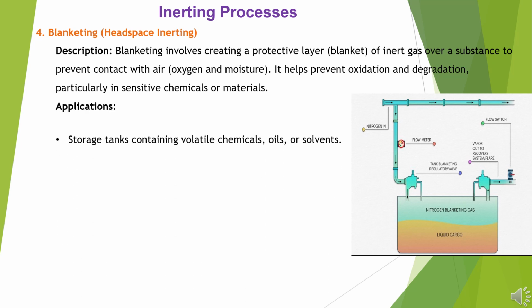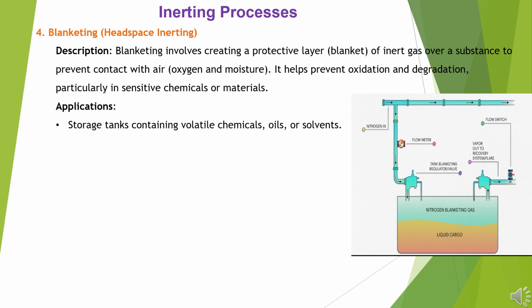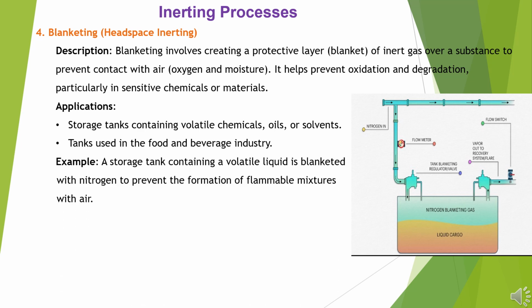Applications: storage tanks containing volatile chemicals, oils, or solvents. Tanks used in the food and beverage industry. Example: a storage tank containing a volatile liquid is blanketed with nitrogen to prevent the formation of flammable mixtures with air.